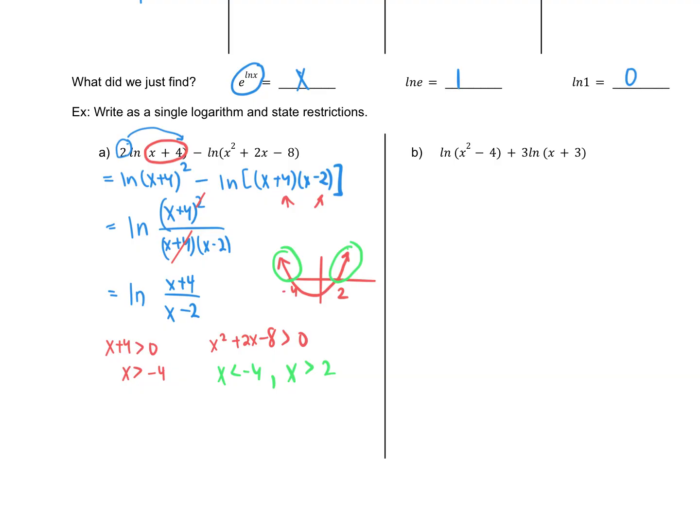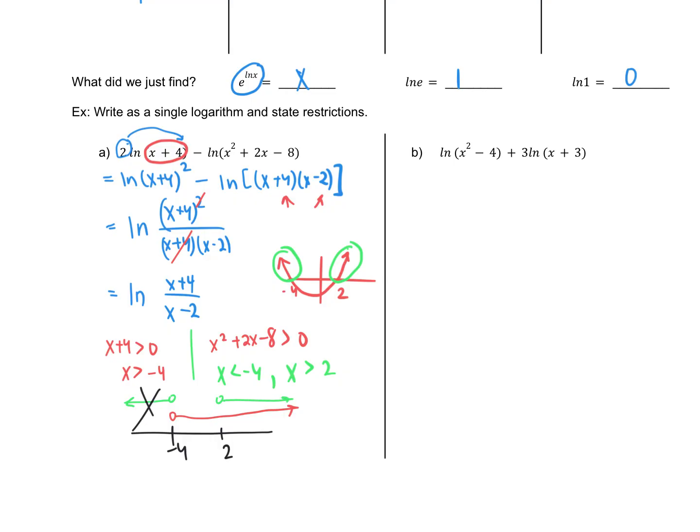And now I just want to look at the overlap between my two sets of restrictions, and that will be the overall winner. So I'm going to do a little number line with negative 4 and positive 2. And the first restriction said I had to be greater than negative 4. The second one said I had to be less than negative 4, so that's definitely out of the picture, or greater than 2.